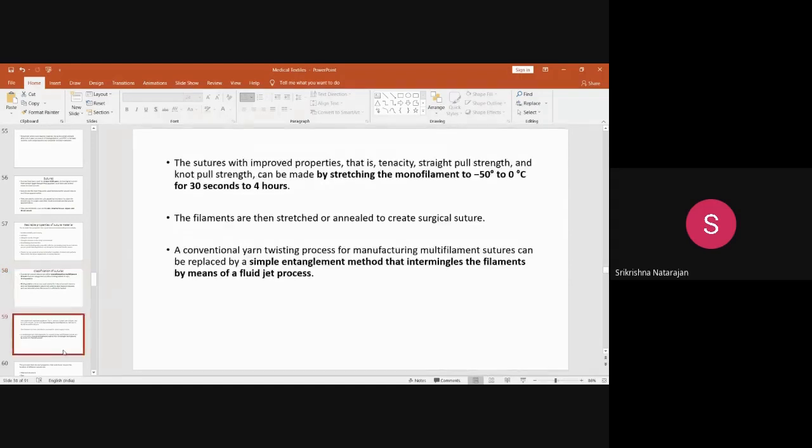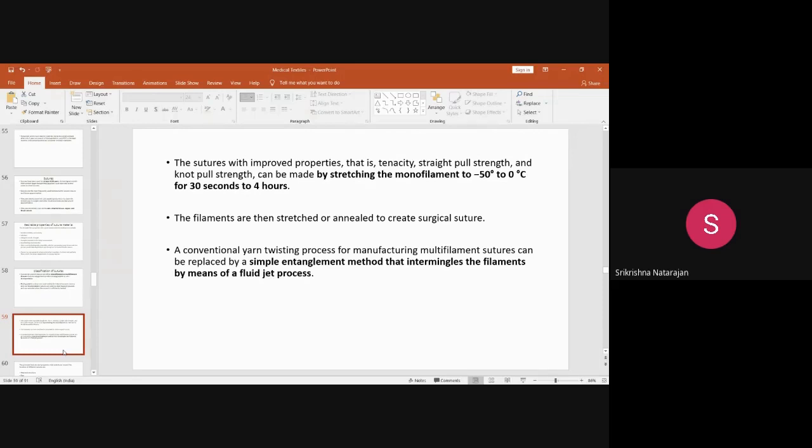So if you see how the suture is manufactured, like normal synthetic fibers, you use either melt spinning or wet spinning, depending upon the nature of the polymer, and produce the fiber. Once you produce the fiber, you know the next steps, like drawing and heat setting.